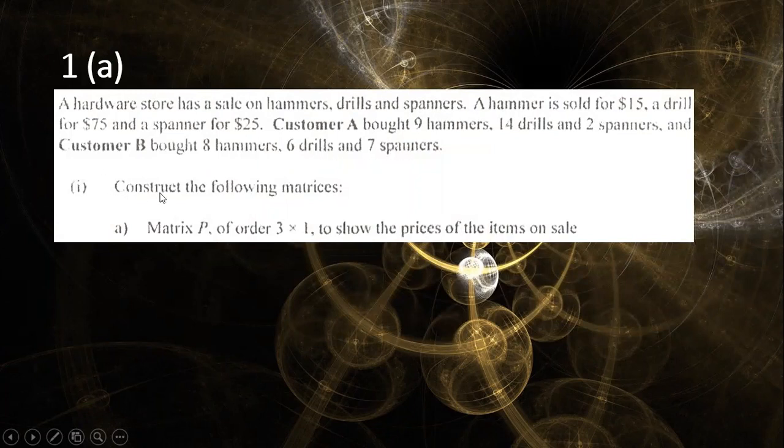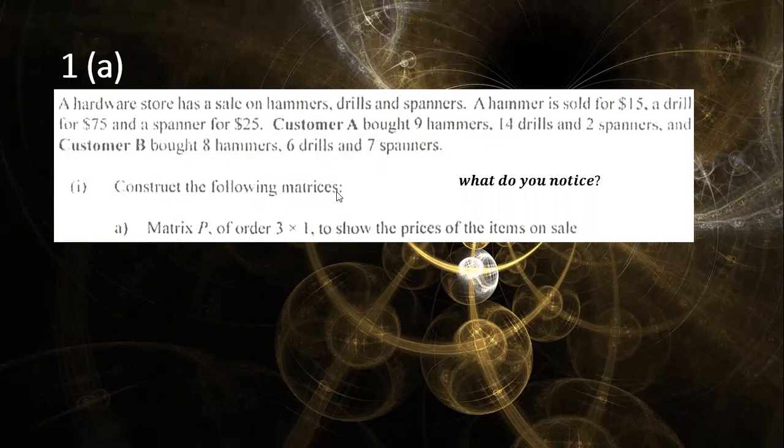The question says, construct the following matrices. Matrix P of order 3 by 1 to show the prices of the items on sale. So right away, what do we notice about the information in the question? Just take a second and see if you can answer. Anything come to mind?